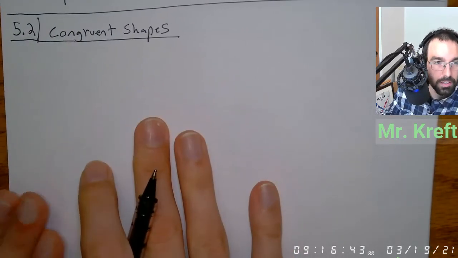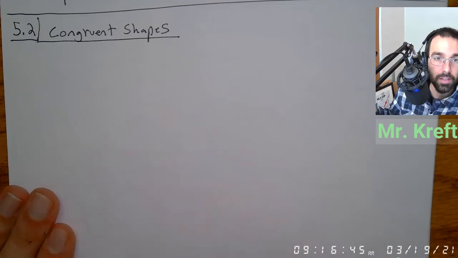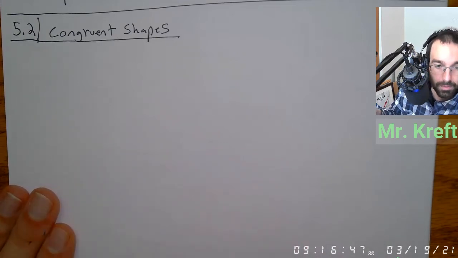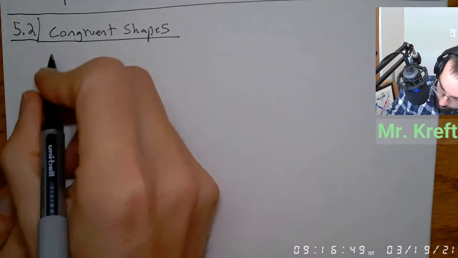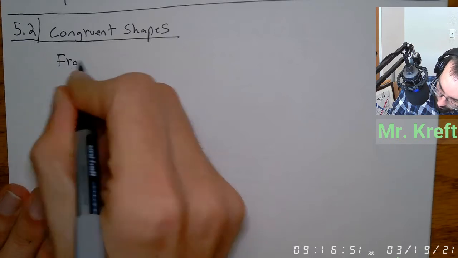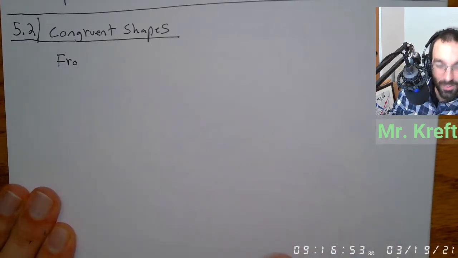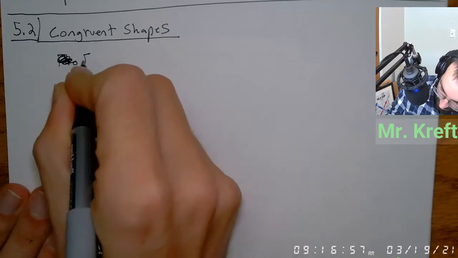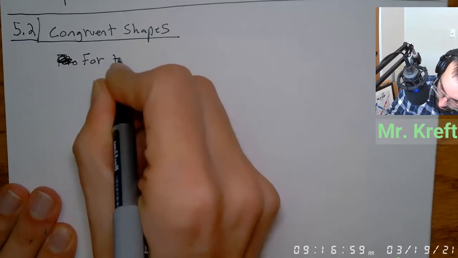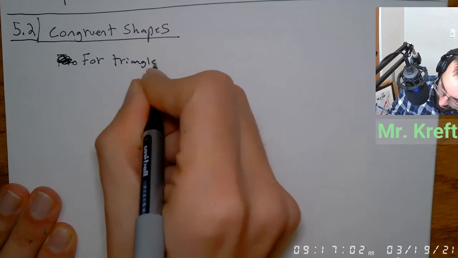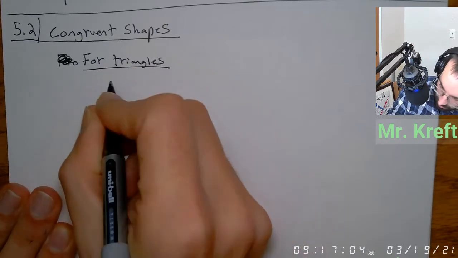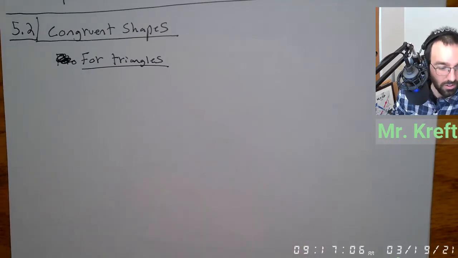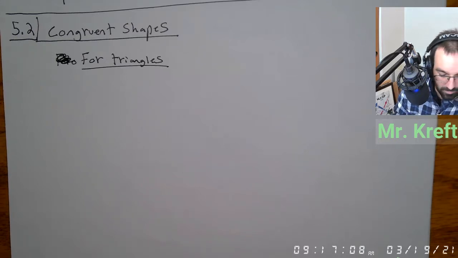Okay. So let's take a look at this. Now, I'm going to emphasize triangles a little bit in this one, okay? For triangles, in chat, tell me, how many parts are there to a triangle?